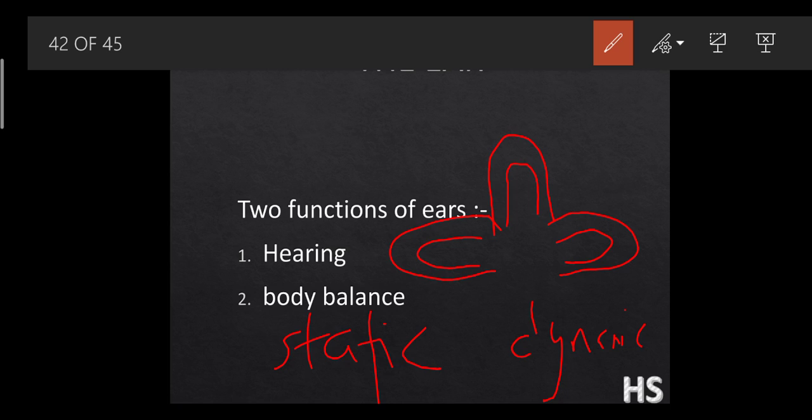What do you mean by static balance? Static balance is a balance in which our body balances according to gravity. Suppose you are standing on a road, or suppose you are sitting at your home. What is this balance called? It is called static balance, because our body is at rest. Our body is maintaining balance with the help of the ground.